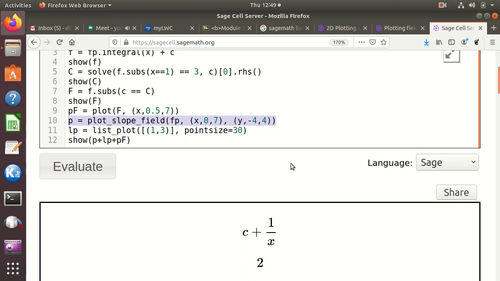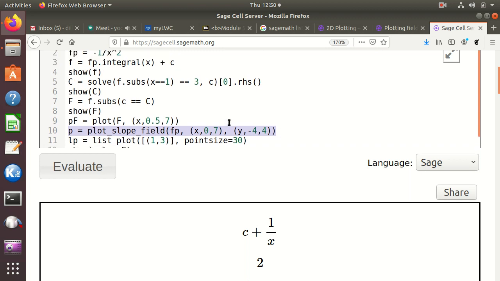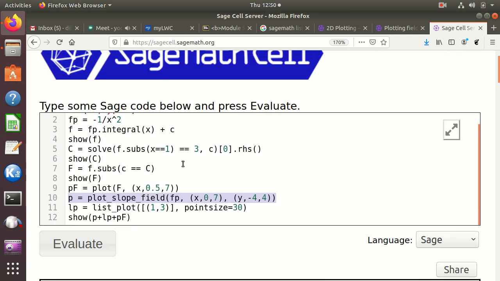Okay, X goes from 0 to 7, Y goes from -4 to 4. And again, in the video, when I first do it, if you don't do the P equals and you just do it and it's the last thing you do, it shows up. But if you're doing anything else, it may not show up, and so that's part of the reason I do the P equals, and then I say show P to get that picture.